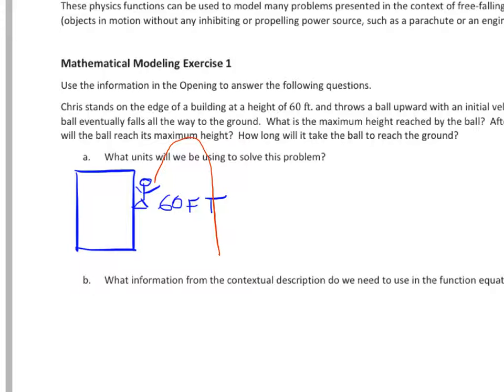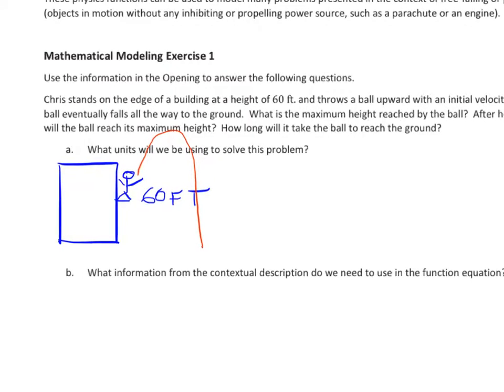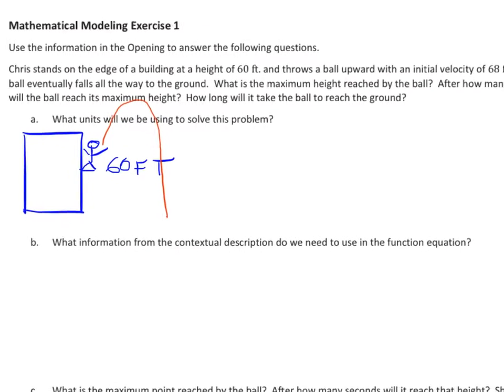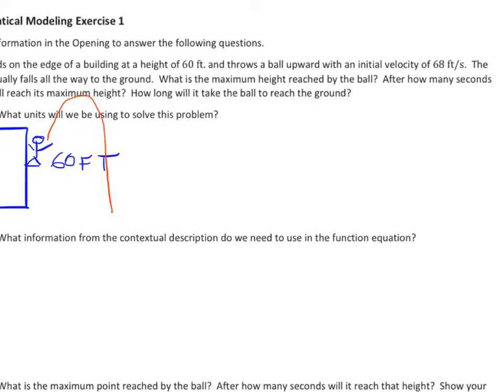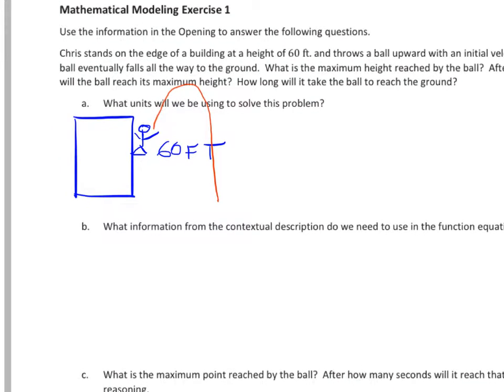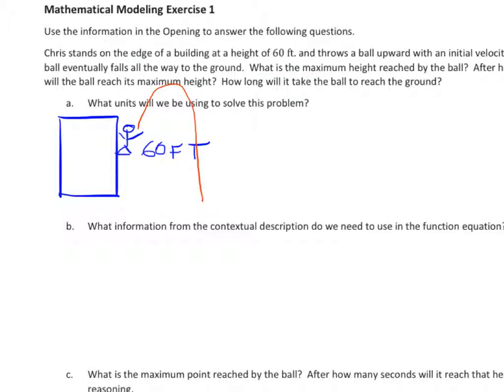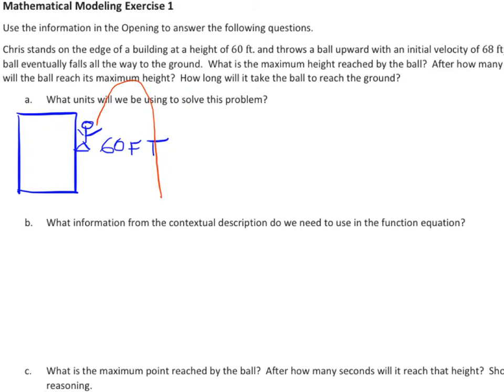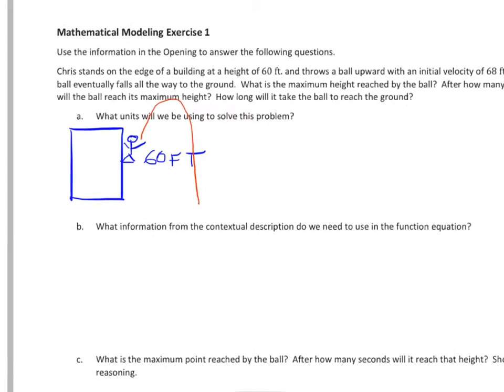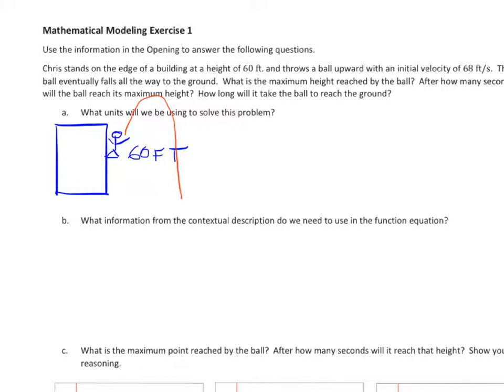The ball will eventually hit the ground. You have to figure out what is the maximum height reached by the ball. After how many seconds will the ball reach its maximum height? And how long will it take the ball to reach the ground? What units will we be using to solve this problem? Feet.